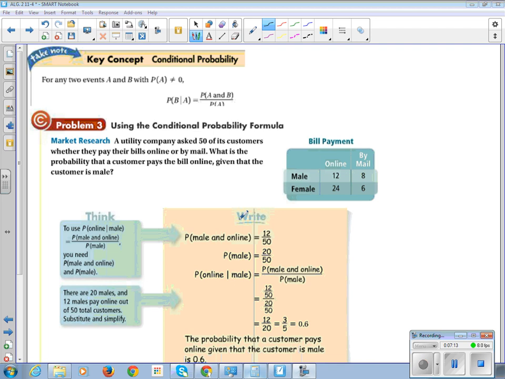All right, so conditional probability. We definitely want to write this down.